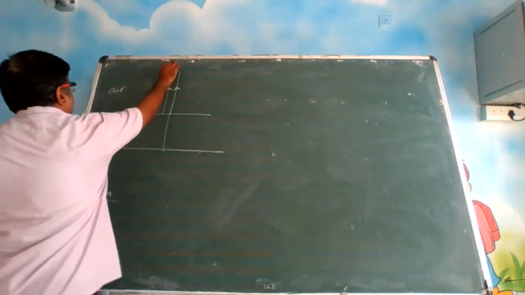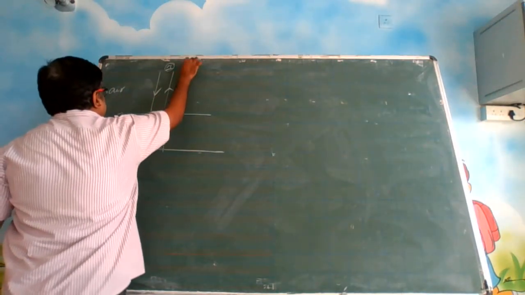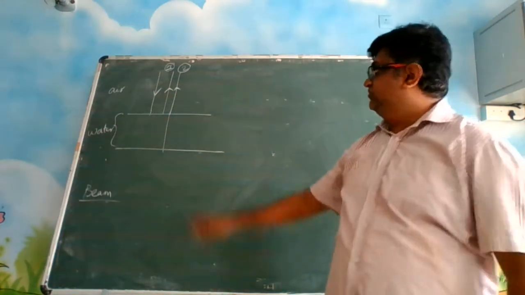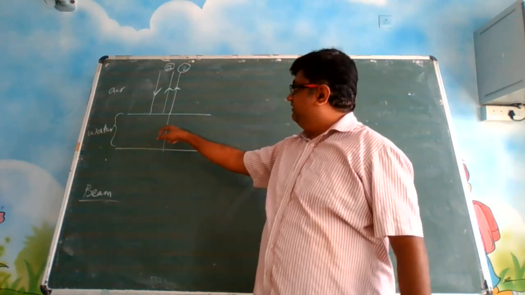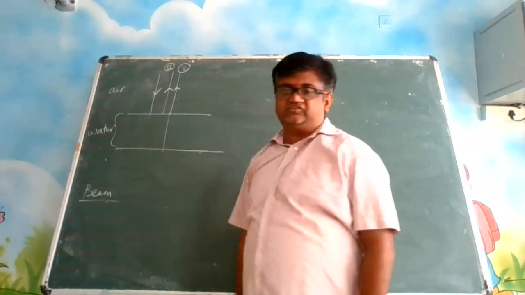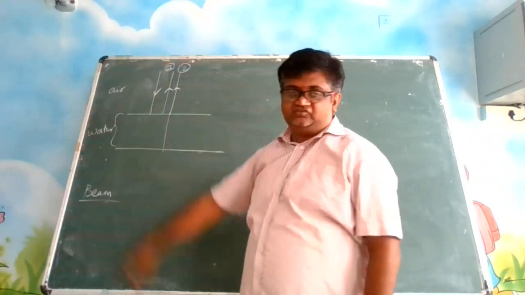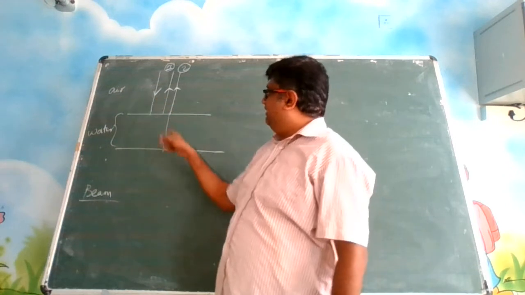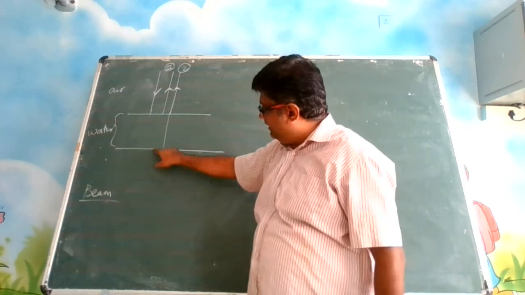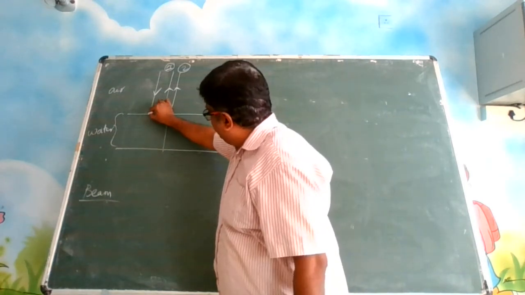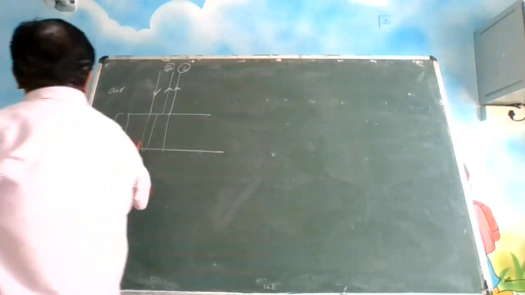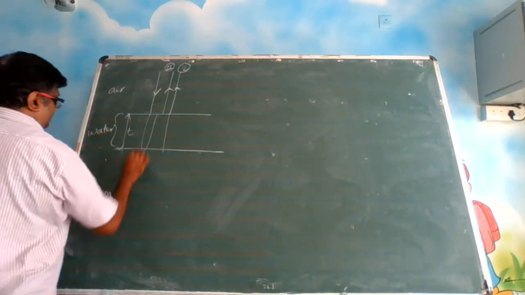So if you consider this ray as ray 1, let us say, and this ray as ray 2, it has got a path difference. This ray is traveling less distance, this ray is traveling more distance. If you say that this thickness is t, what is the path difference?